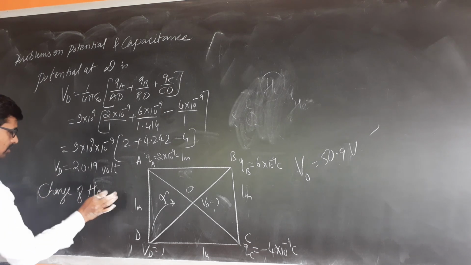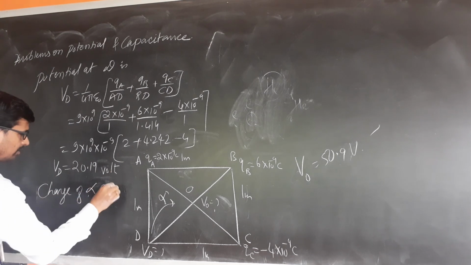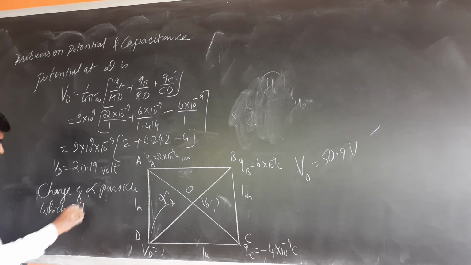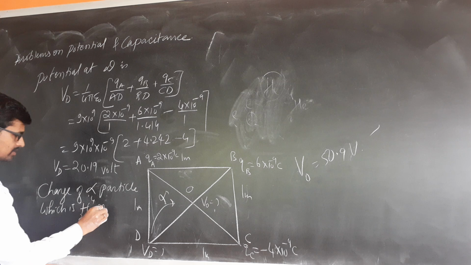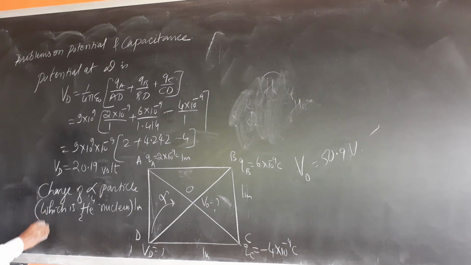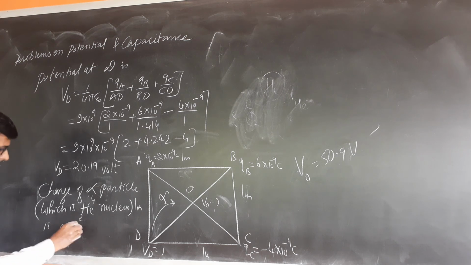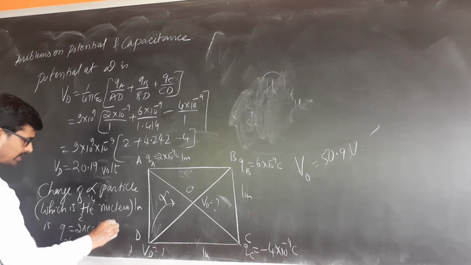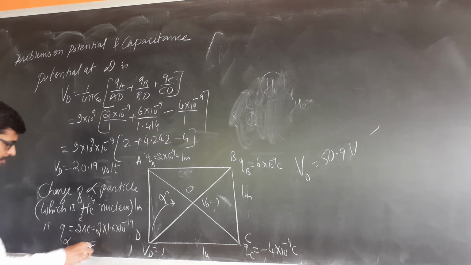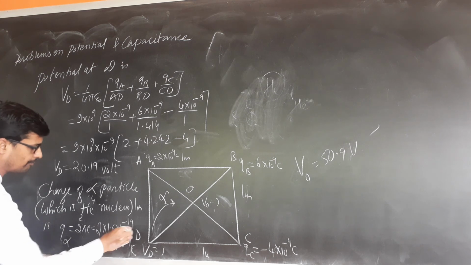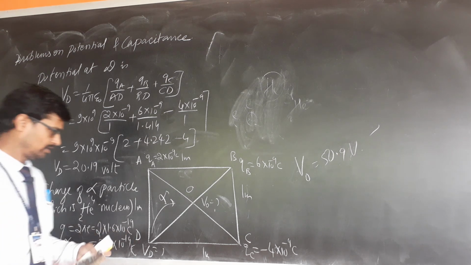Charge of alpha particle, which is the helium nucleus, is Q alpha is equal to 2 into E. What is the value of electronic charge? 1.6 into 10 raised to minus 19. So it will be how much? 3.2 into 10 raised to minus 19 coulomb. So this is the alpha particle.